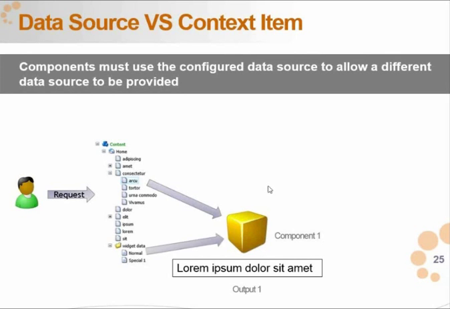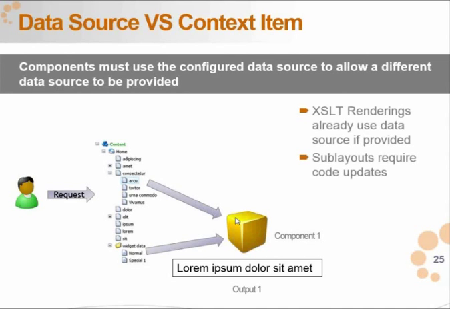To pull the data source instead, we will have to look at whether your component is implemented using XSLT or sublayout. If your implementation is done by using sublayout, you can look at the code to see if the code is looking for the data source or not. If not, then we might have to update the code in order to allow this component to be personalized.